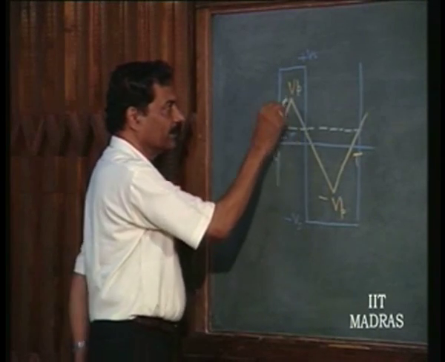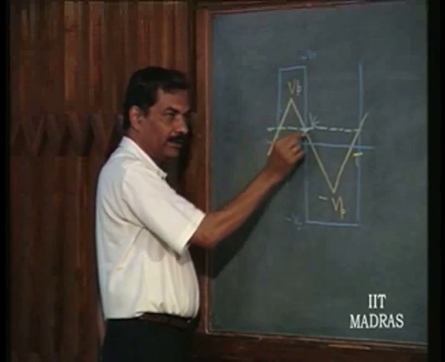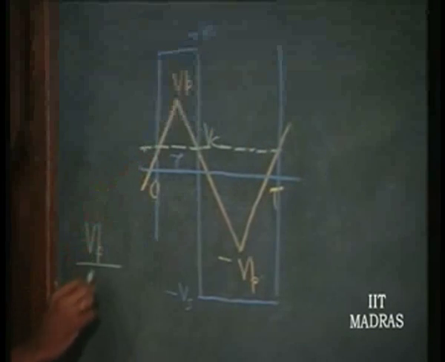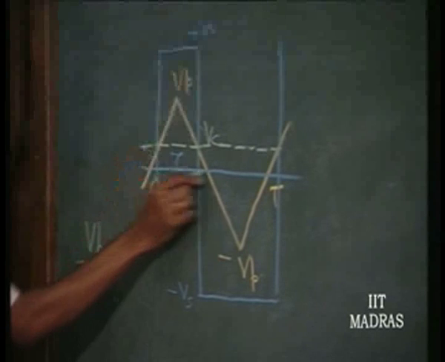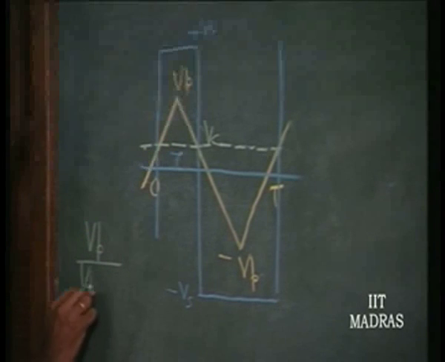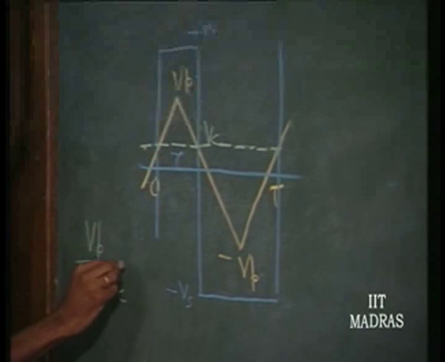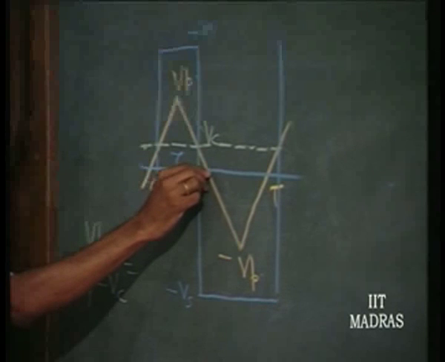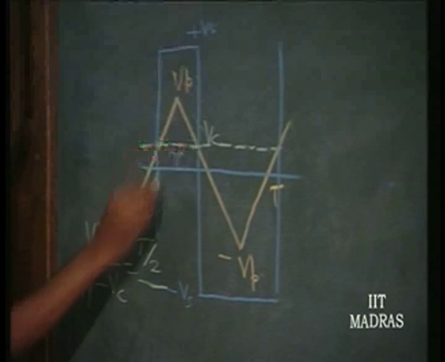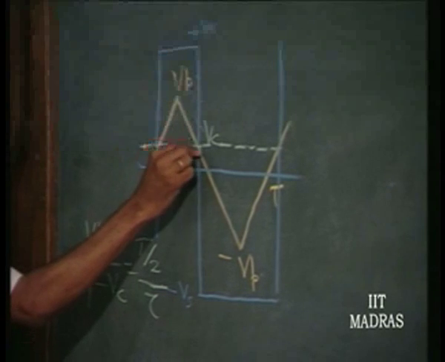This is the control voltage, this is Vp. So, this is Vc. So, using similar triangles here, Vp, that is the height of this triangle, by the height of this triangle, which is Vp minus Vc, is nothing but T by 2 divided by tau.